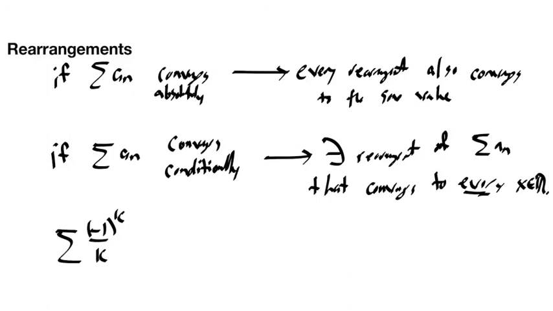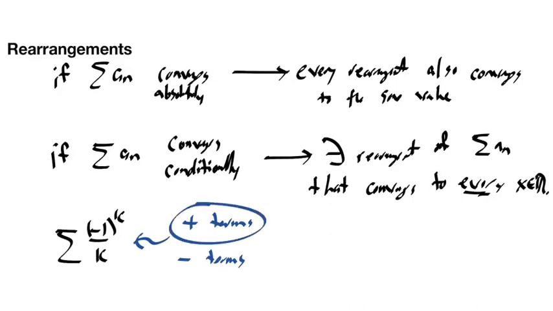We're not going to go through the proof, but let's just hint at what the idea might be. The hint comes down to considering all the positive terms versus all the negative terms. Well, if the positive terms converged, then my sequence would be absolutely convergent. And similarly, if my negative terms converged, then my sequence would be absolutely convergent.